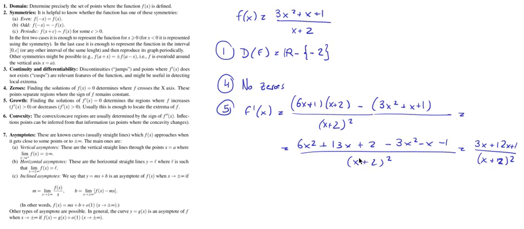Now the derivative is 0 whenever 3x squared plus 12x plus 1 is 0, and we can find the roots of this. This is x equals minus 12 plus or minus the square root of 144 minus 12, over 6.